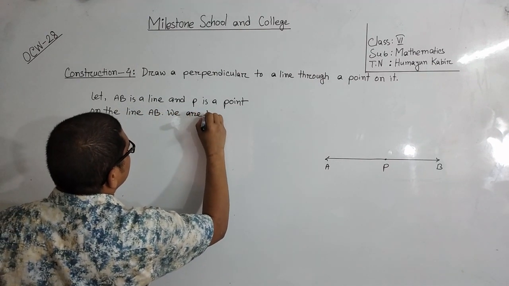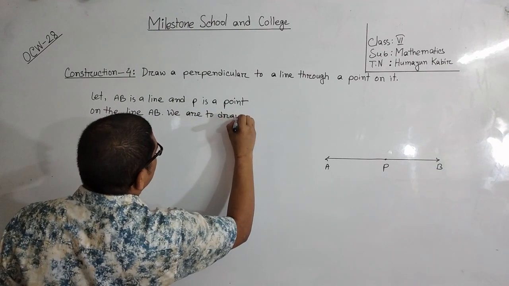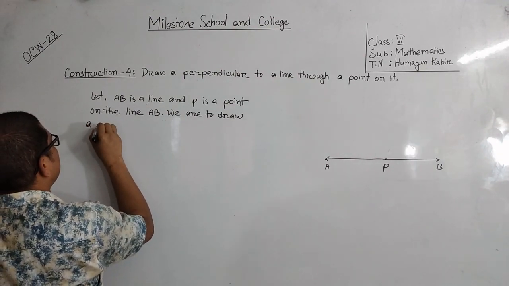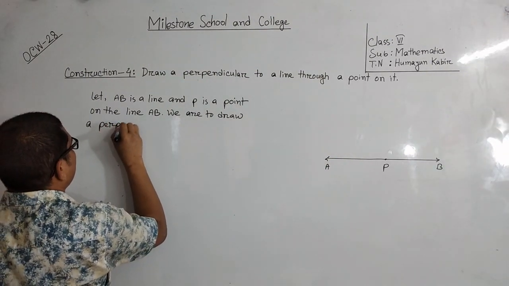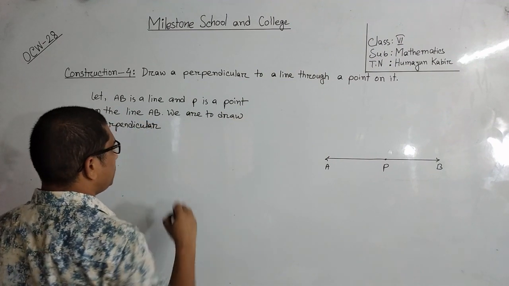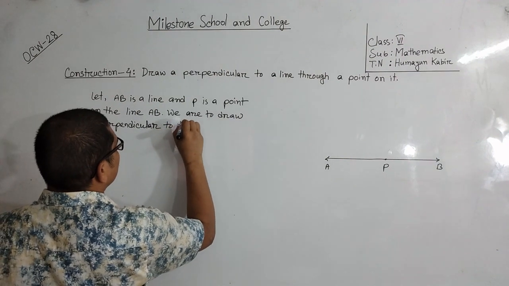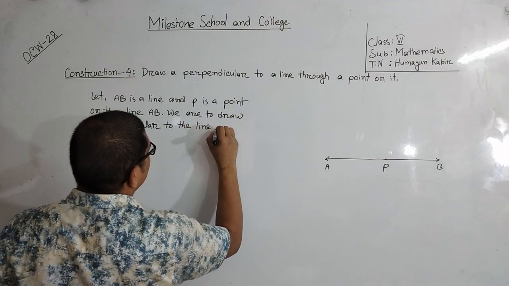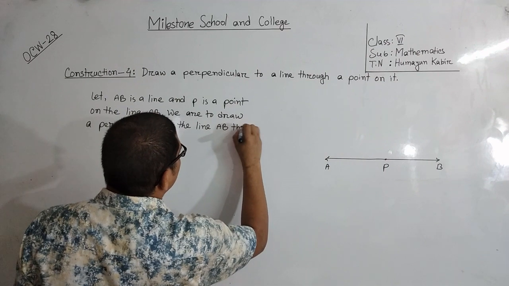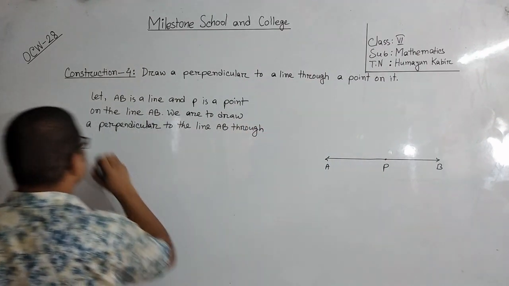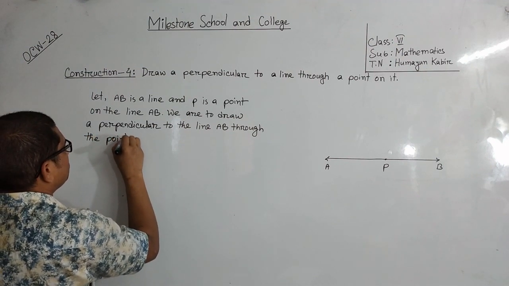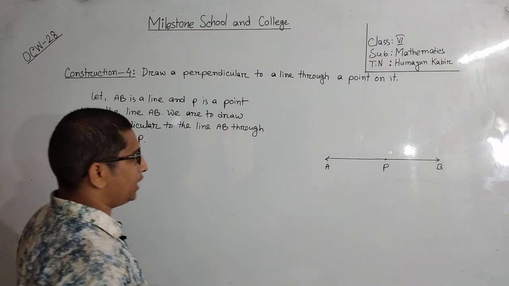We are to draw a perpendicular to the line AB through the point P. So here what will we do?